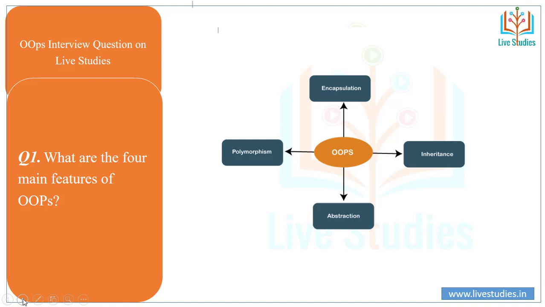There are four main features in OOPS concept: abstraction, polymorphism, encapsulation, inheritance.